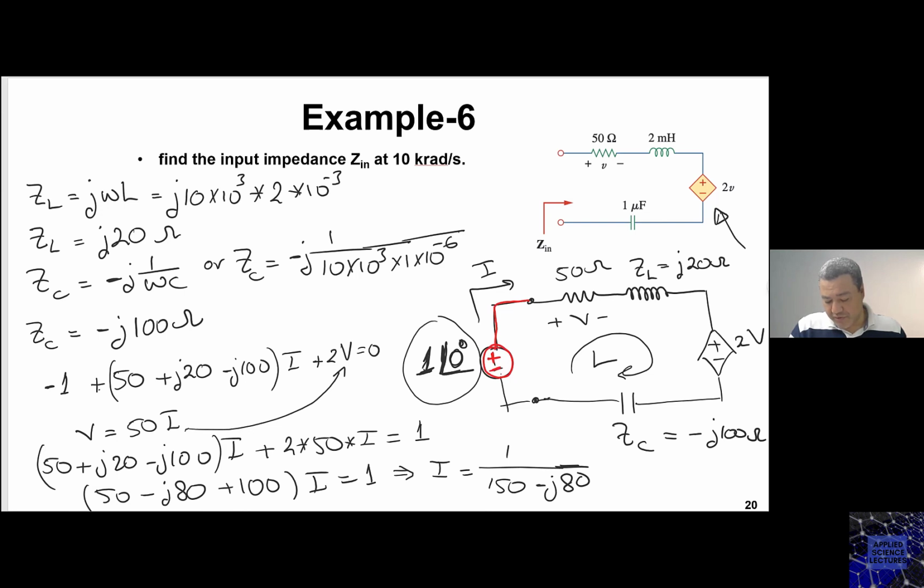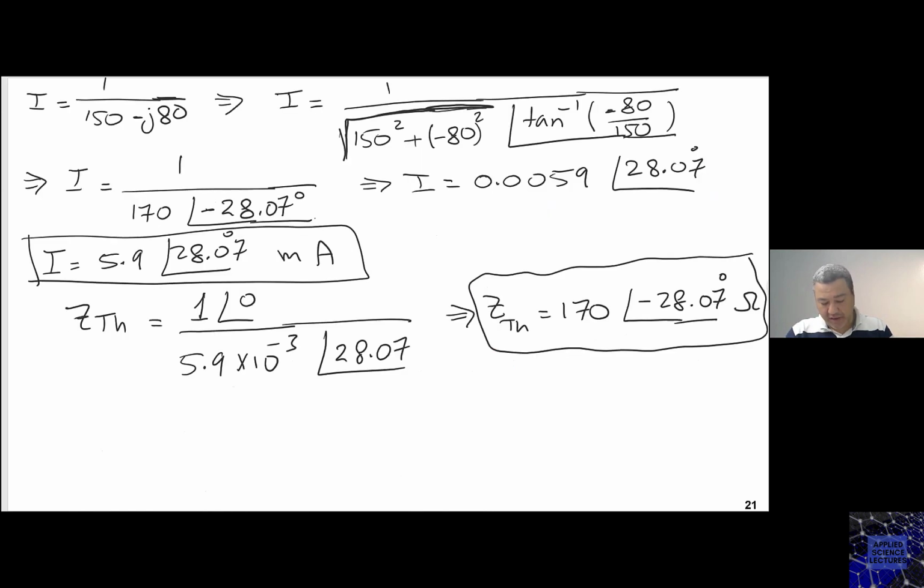Exactly the same way we used to do for finding the R Thevenin for circuits that had dependent sources. Since this circuit has impedances, it is not an R Thevenin, it is a Z Thevenin.